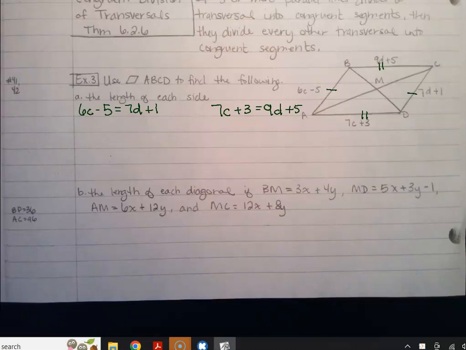So what can we do with this one? Let's solve for c. Take the 5 to the other side, make it positive. So 6c equals 7d plus 6.